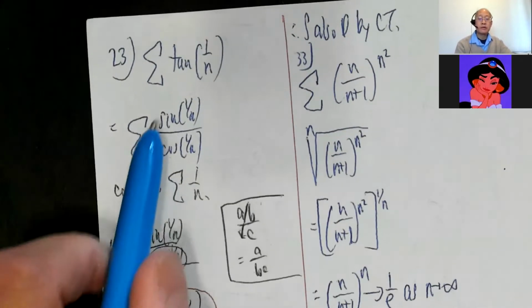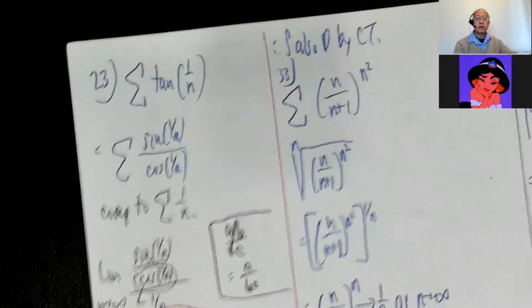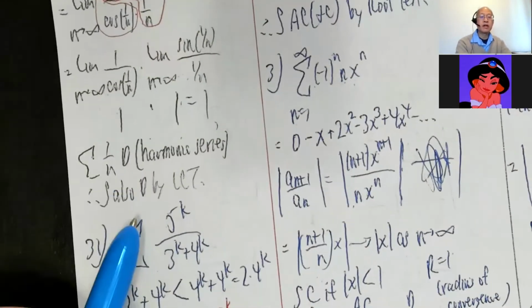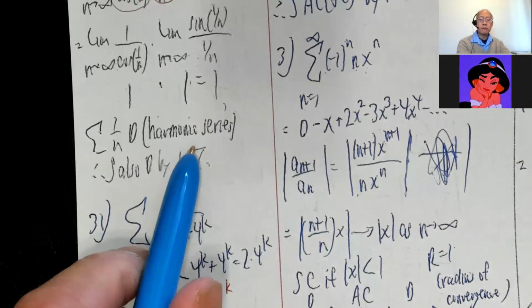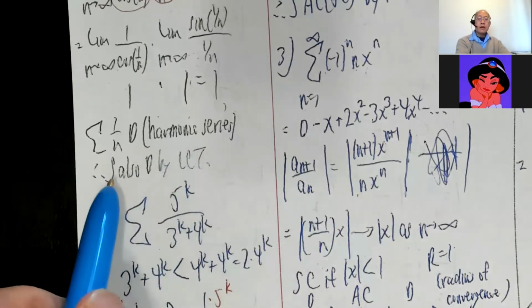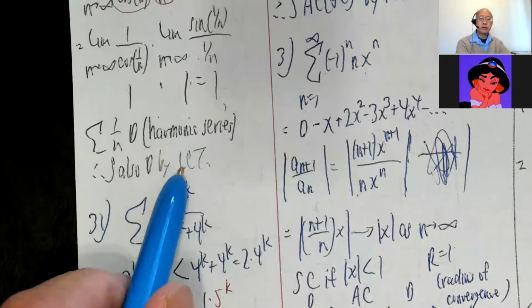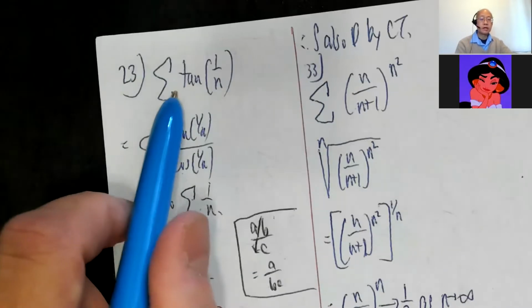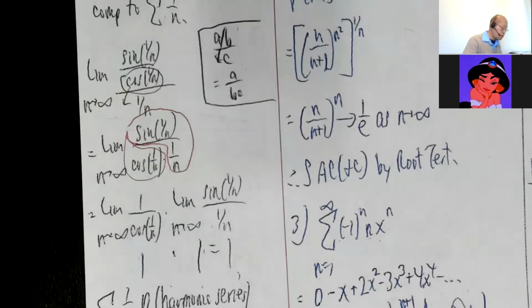So in other words, in the long run, whatever happens to this also happens to this. And what do we know about summation 1/n? That diverges because that's our harmonic series. Okay, so therefore the series S also diverges by limit comparison tests. And so this thing diverges by limit comparison tests. All right.